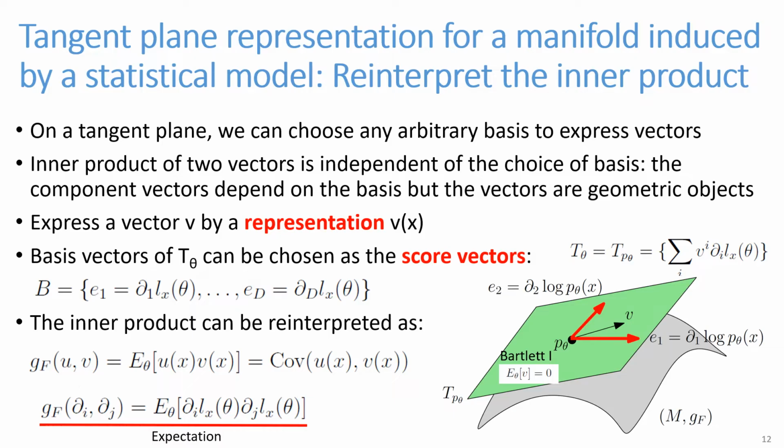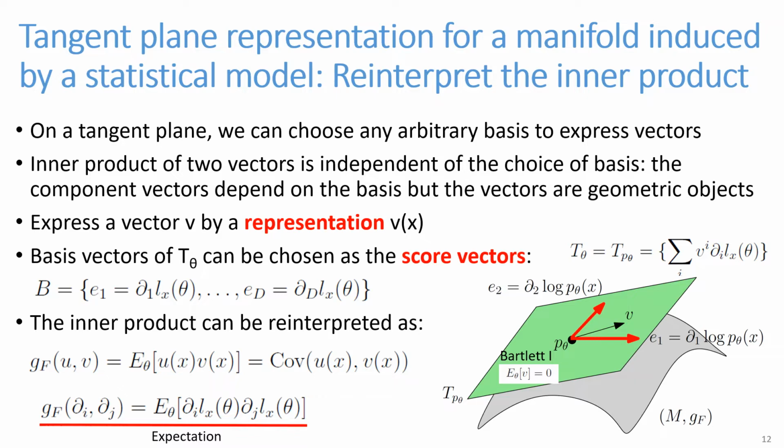For the manifold induced by a statistical model, we choose the Fisher-Riemannian metric expressed in the parameter θ as the Fisher information matrix. We can interpret the inner product of two vectors as an operation on the underlying statistical model. First, we use a natural basis, the score vectors, which are partial derivatives with respect to the parameter components of the log likelihood.